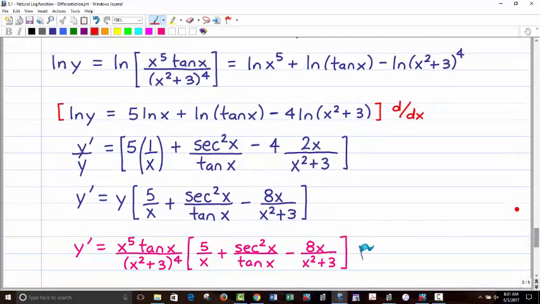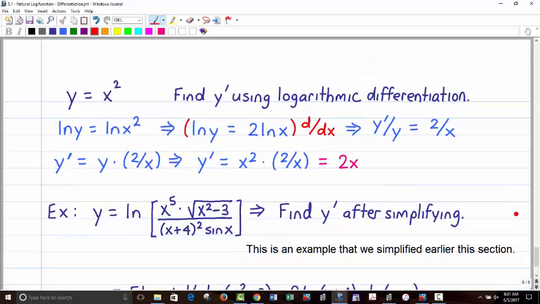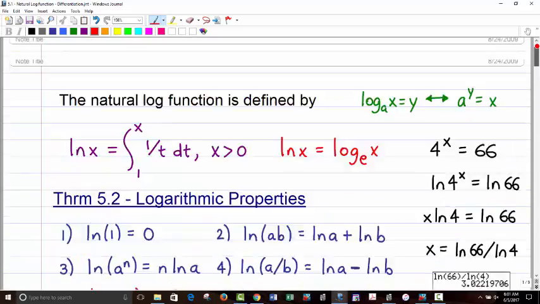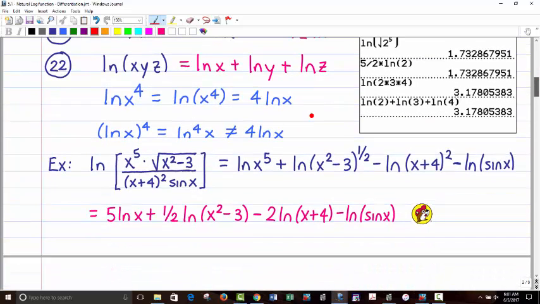Is that one? I don't know. It looks familiar. Let me try one more shot at it and figure out why I missed it. Oh, there it is. Right there. So you see it's already simplified.